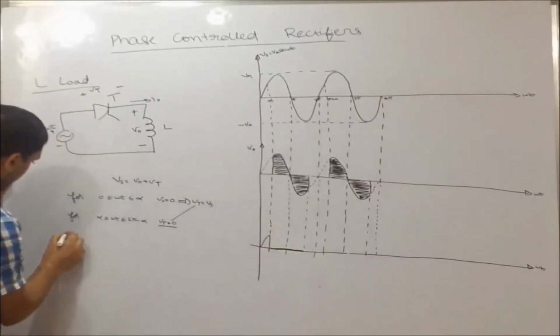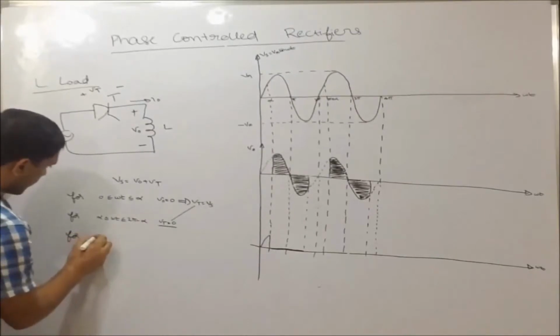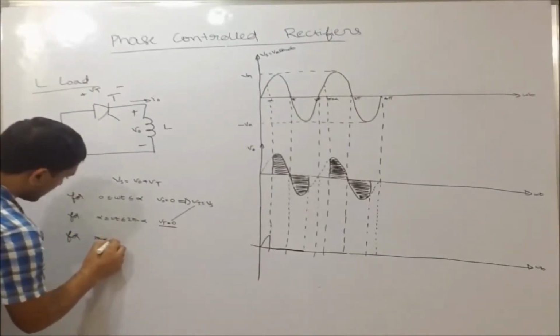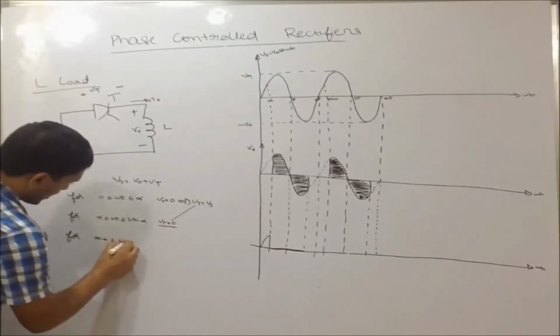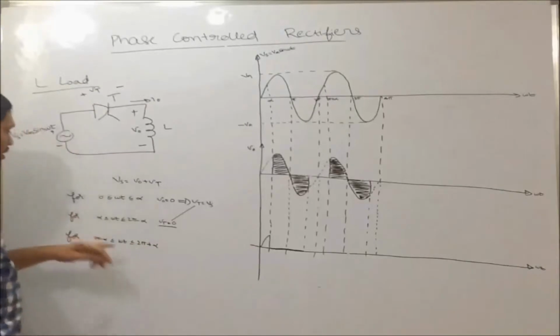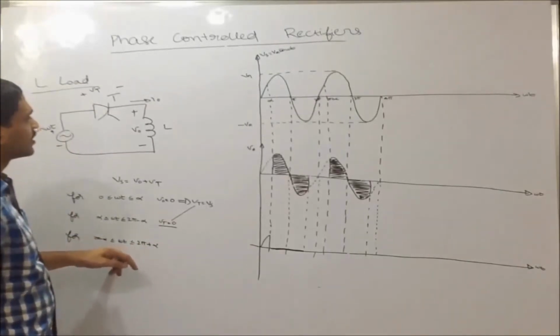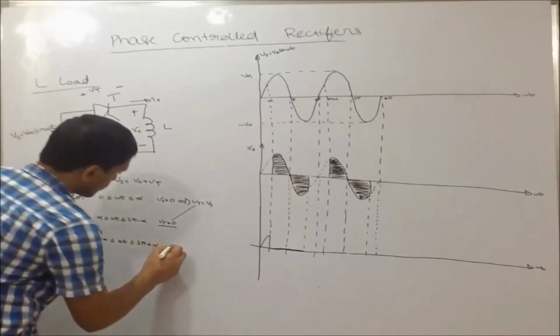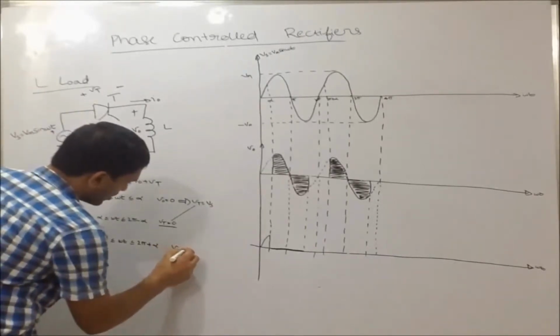Next, for 2 pi minus alpha less than or equal to omega t less than or equal to 2 pi plus alpha, my thyristor doesn't conduct. So what I have? V0 equal to 0.